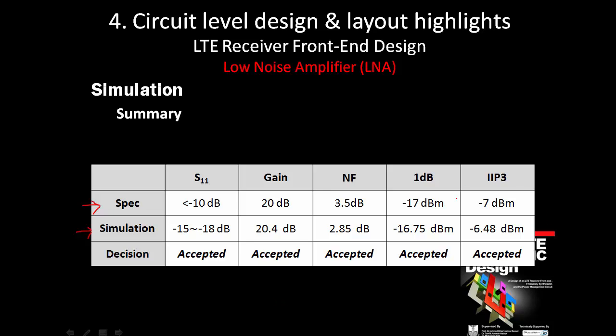And of course, after a table like that, we go back again to our schematic diagram and see if we need to make some modifications to have a better result, to have a better obligation to the specifications.